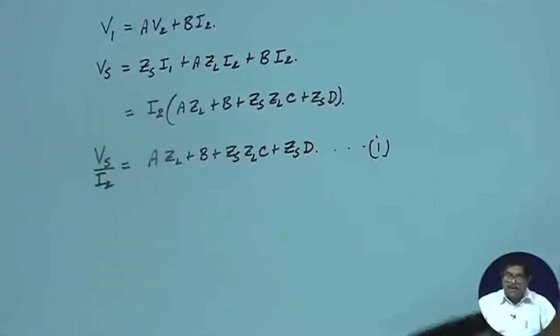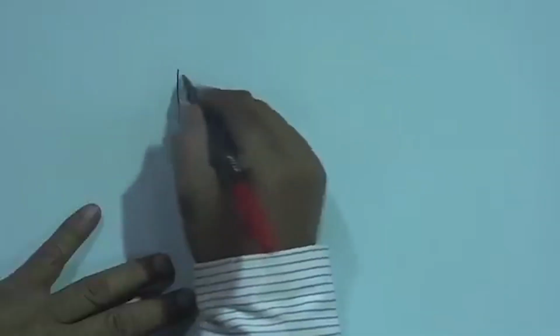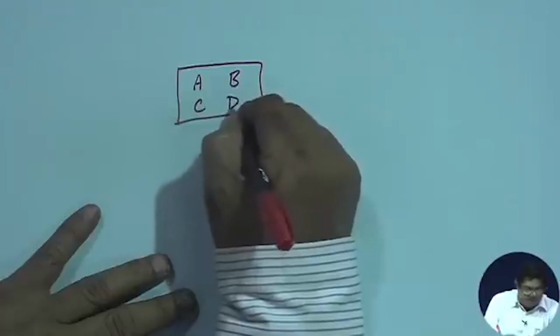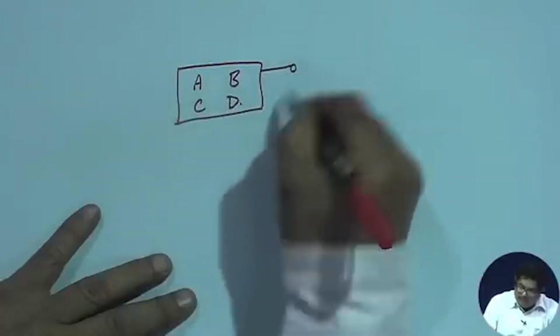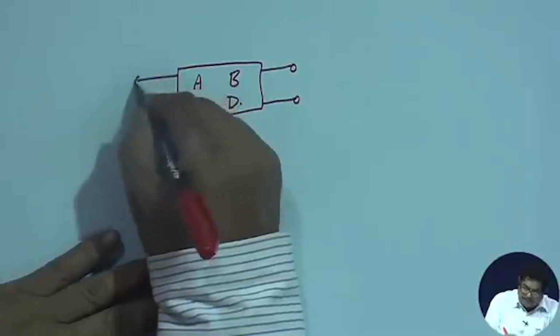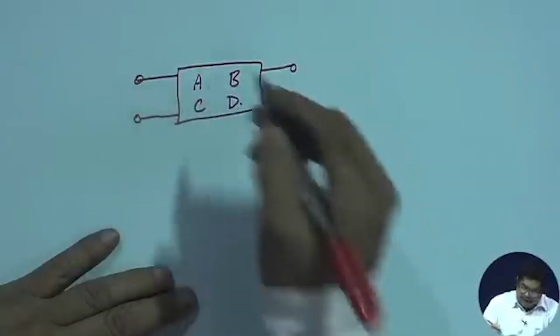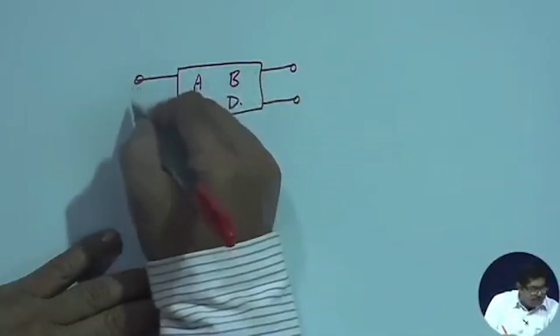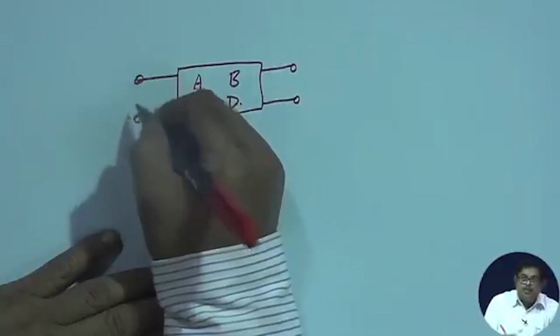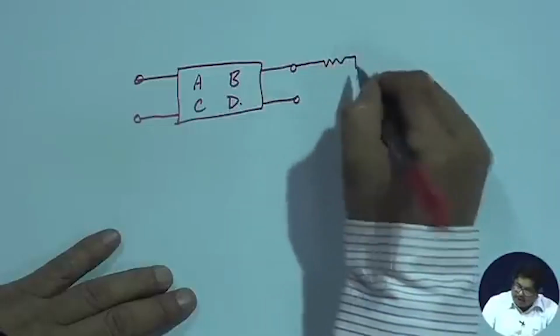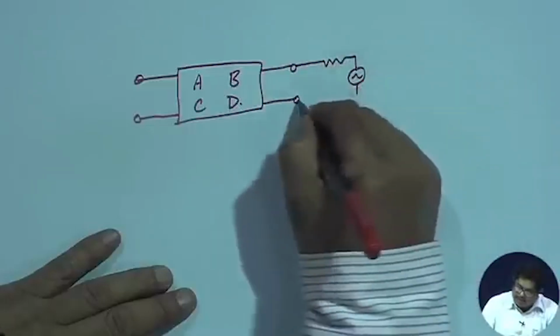Then I change the scenario, that means I exchange the excitation and response. So, I have the same old ABCD network. I am not exciting at port 1, I will excite at port 2, but all other conditions are to be kept the same.